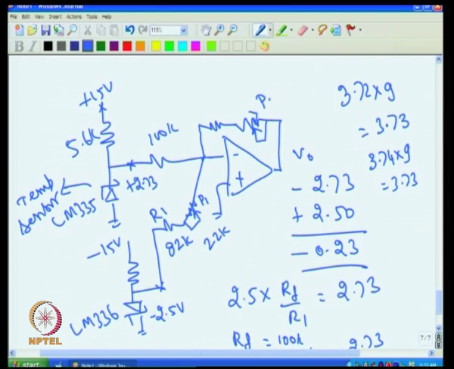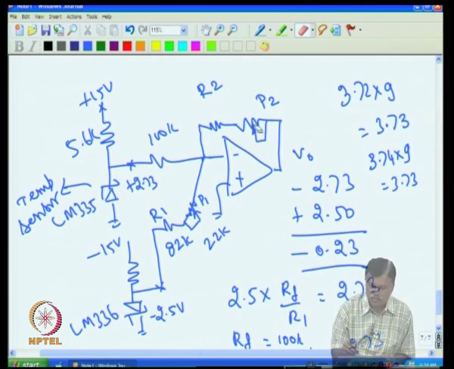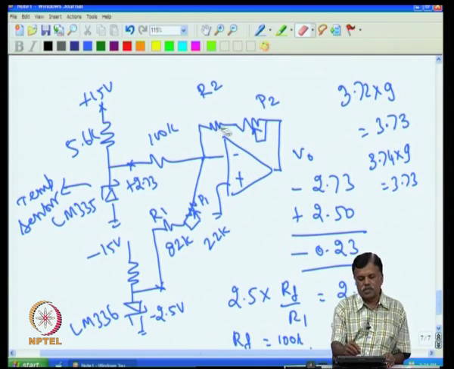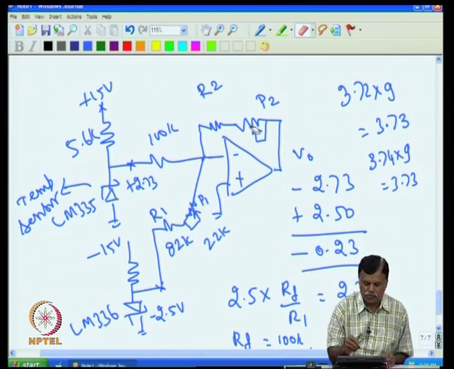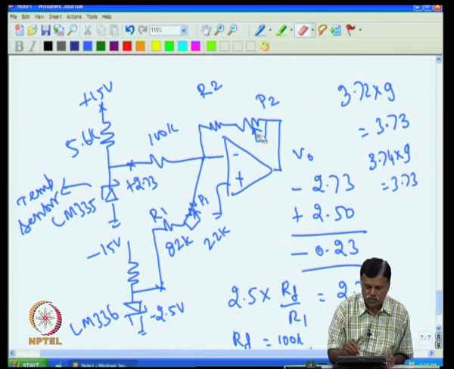I call this P2 and this resistance R2. At any given time the combination of P2 plus R2 should give me the gain. If I want 100k with gain 1, then R2 plus P2 should be 100k. If I want more than 1 gain, then P2 plus R2 should give me more than 100k. If I want less than 1 gain, then this combination should give me less than 100k.